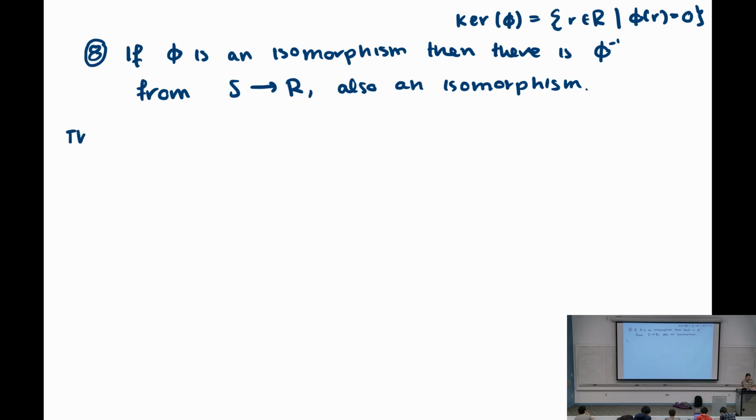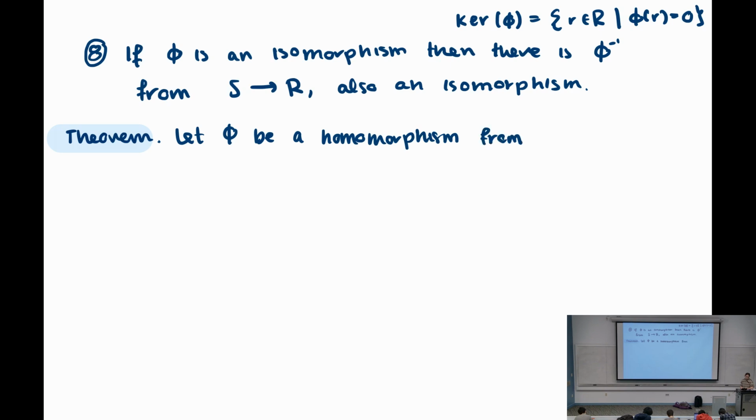So we have a theorem that says, we'll let phi be a homomorphism from R to S, then the kernel of phi is an ideal of R.